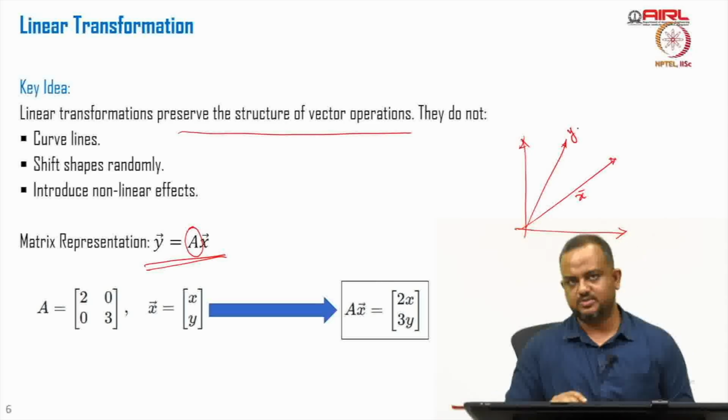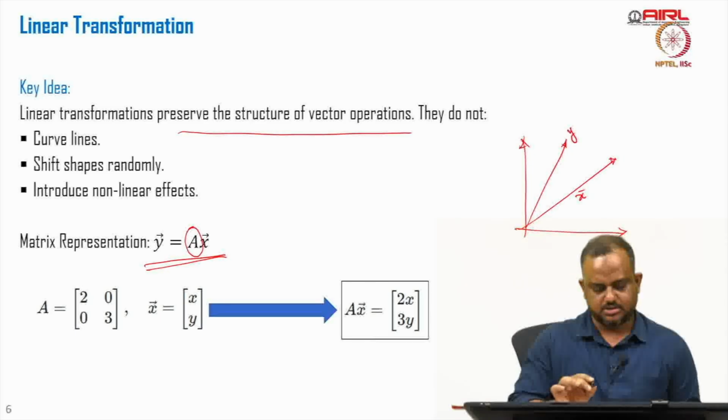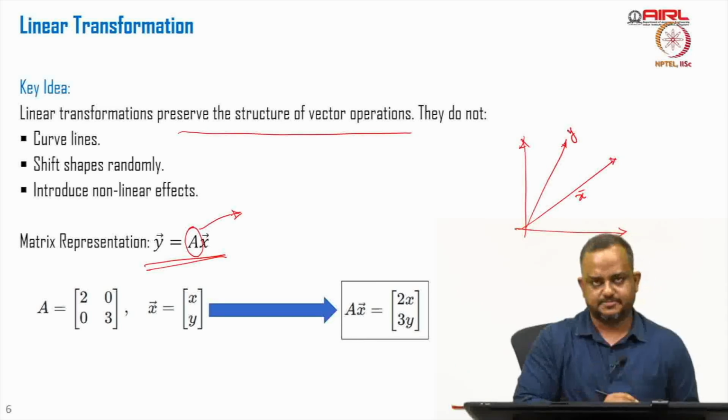Whether the y will be the same as x, whether their direction will be same, magnitude will be same, and whatever questions might come from this particular topic, everything depends on the structure of A. How we are choosing the structure of A defines what kind of linear transformation it will be, and then what will be the outcoming vector y.